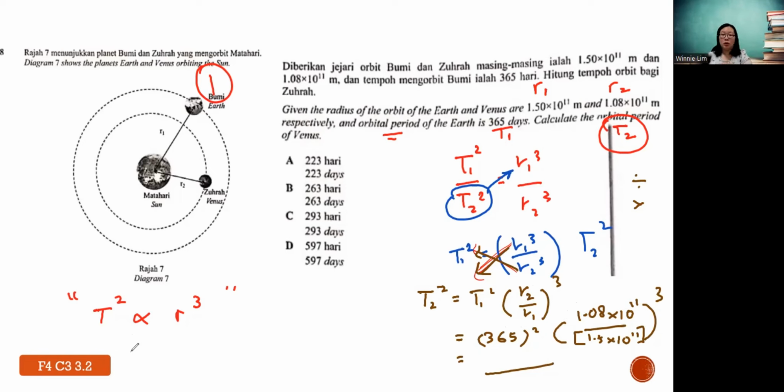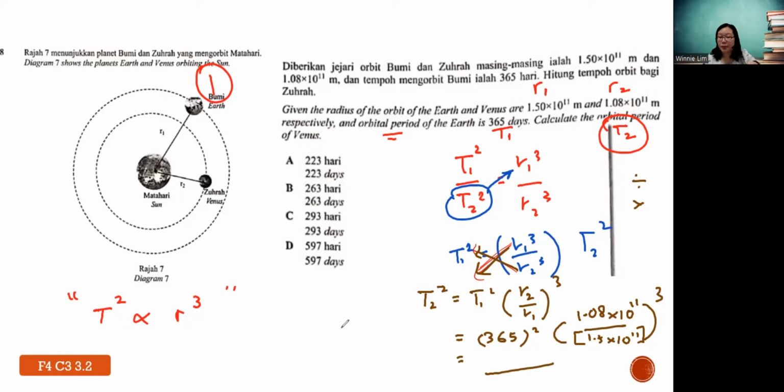Okay, so now we press the calculator. 1.08 times exponent 11, then you divide by 1.5 times exponent 11. Then this answer you cube it, then times 365 squared.